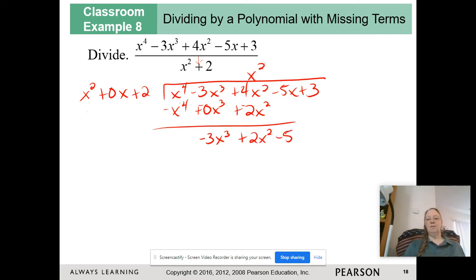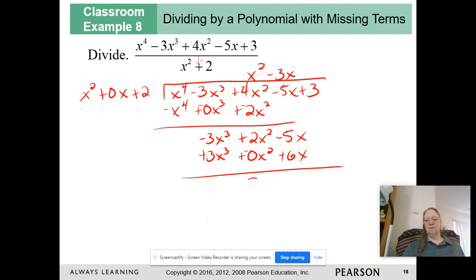And bring down our 5x, negative 5x. And divide. And distribute. Minus 6x. And change the signs.